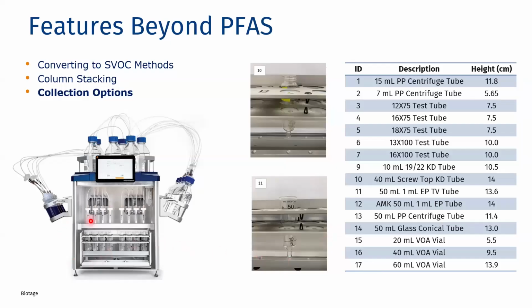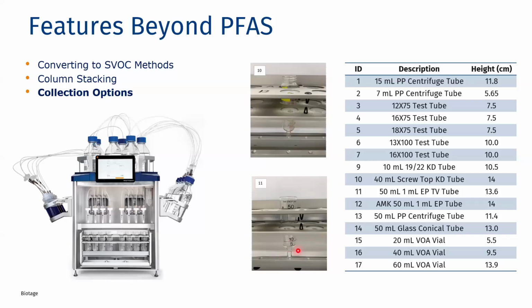And again, as you saw with our SPE platform, the collection platform has a lot of space, and it has these adjustable bars that allow you to adjust for the length of the tube. So this is actually really useful.